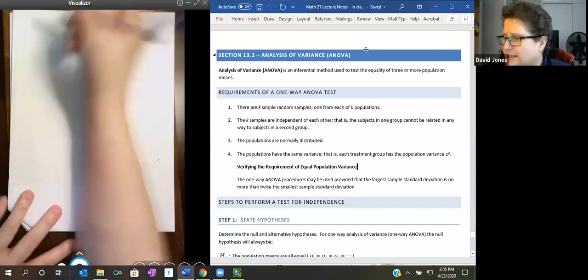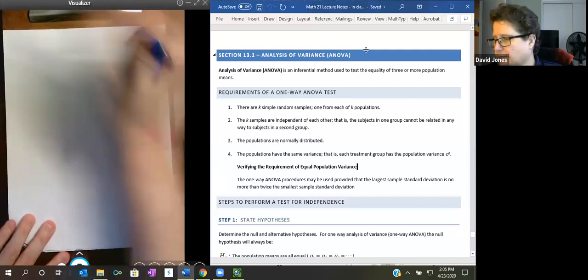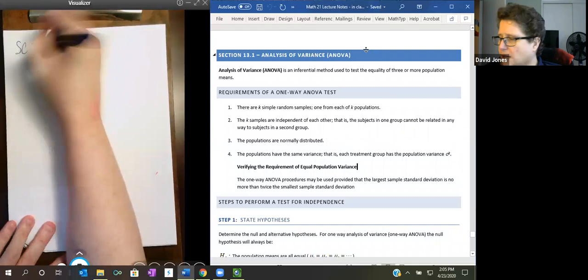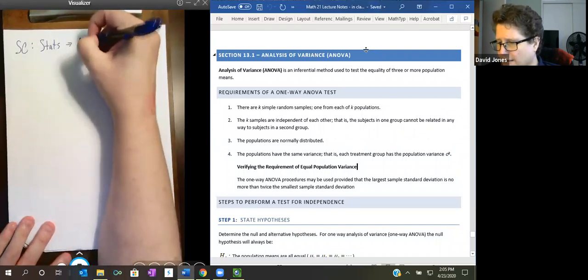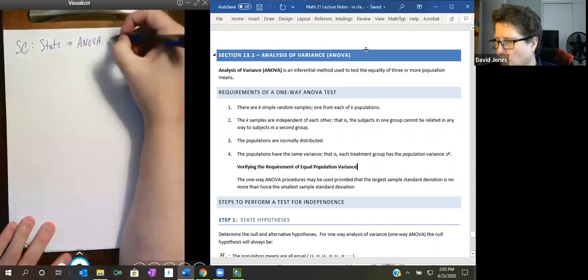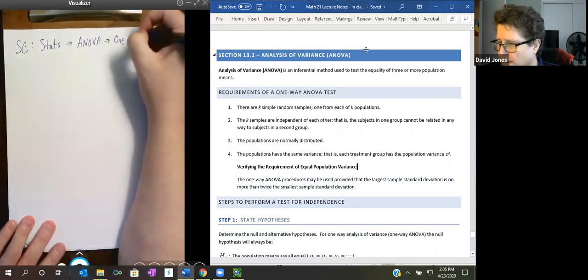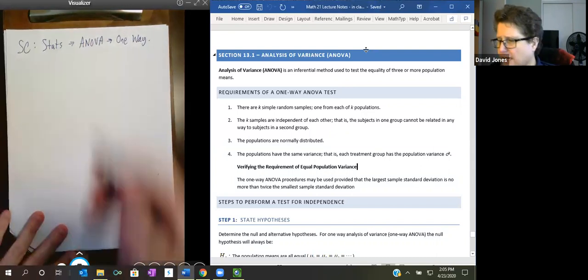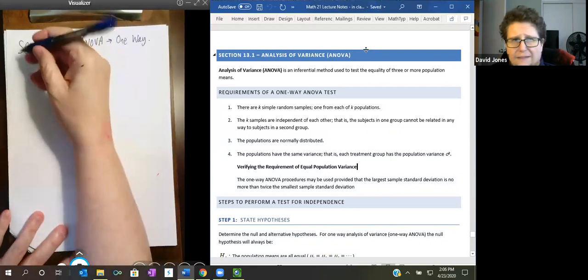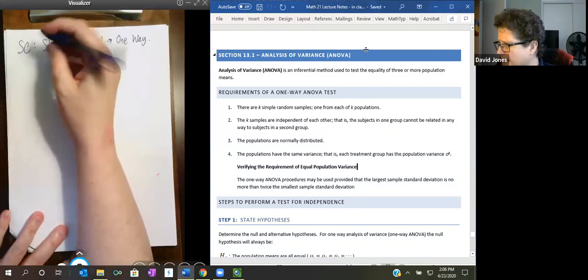Our test is in StatCrunch, and it's stats, ANOVA, one way. Now I have already saved the data table in there.